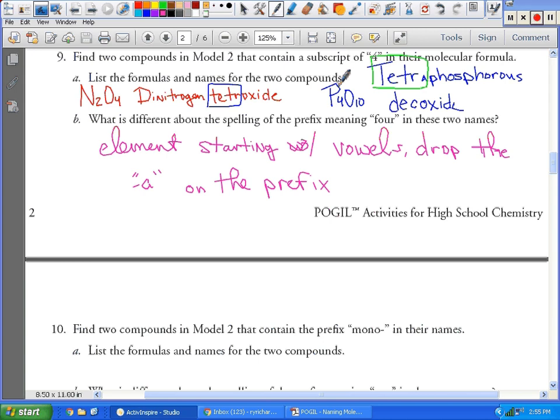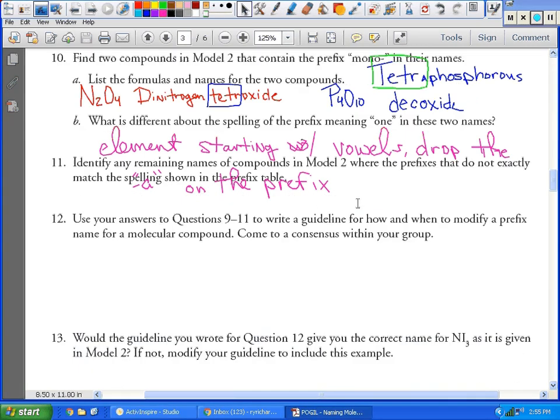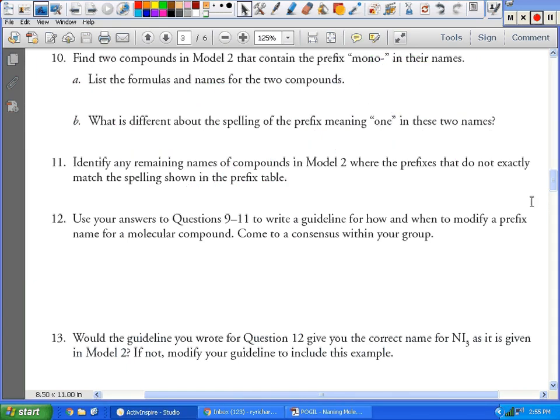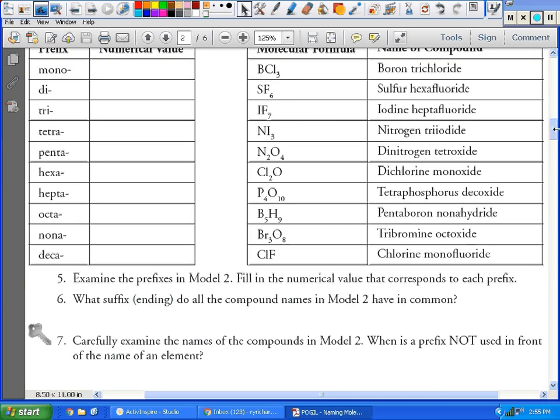All right, so moving on down to number 10. Find the 2 compounds in Model 2 that contain the prefix mono in their names. I'm just going to scroll up to keep from having to write it to save time, which would be this one and the last one. Thank you, okay?